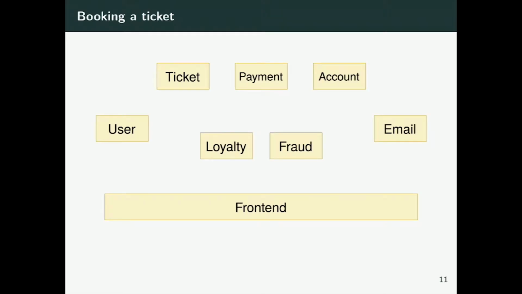Imagine you've got a ticket booking application, okay? Something for booking concert tickets, and a user wishes to purchase a ticket. So on your nice JavaScript-y front end, they submit a form with their card details, the number of tickets, and the concert they want to go to.